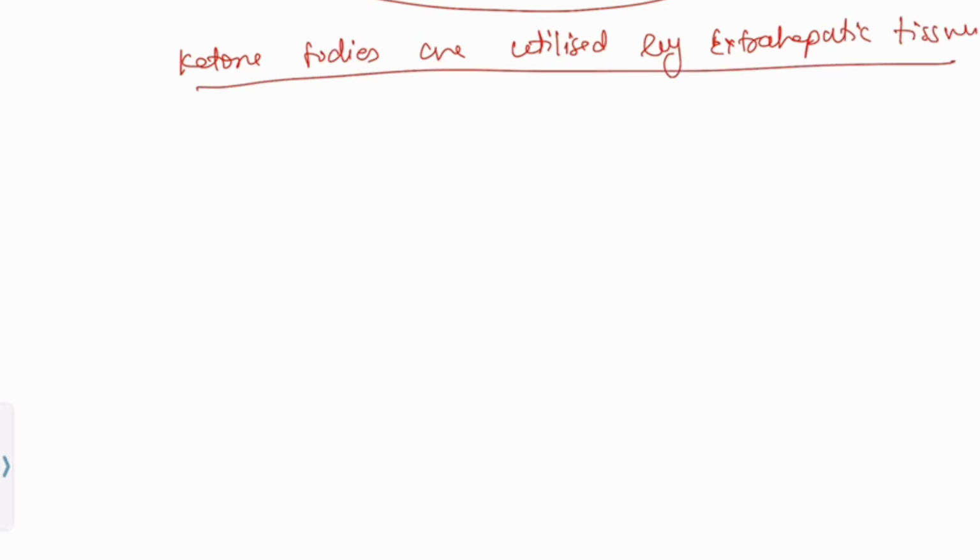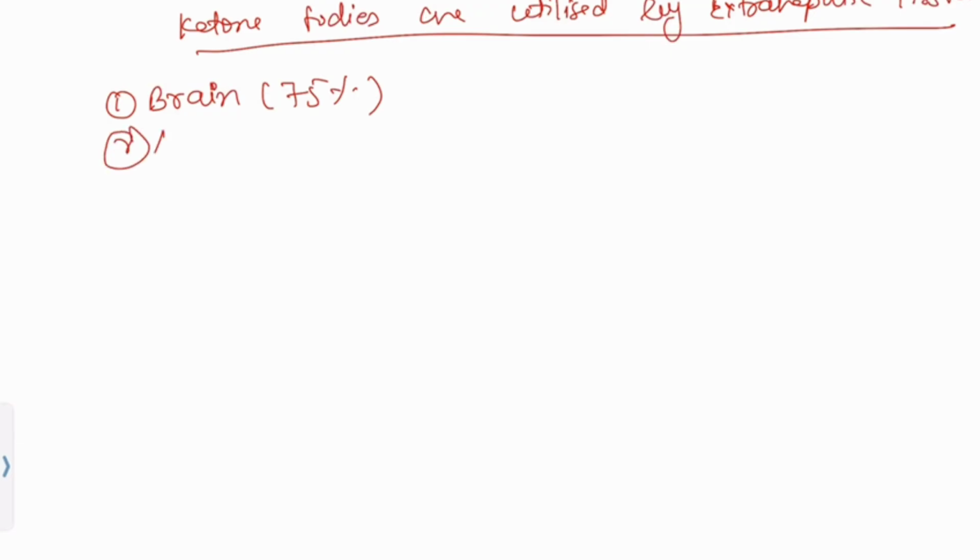First is the brain. Brain derives 75% of its energy from ketone bodies during starvation. Next, kidney, heart, also skeletal muscle.